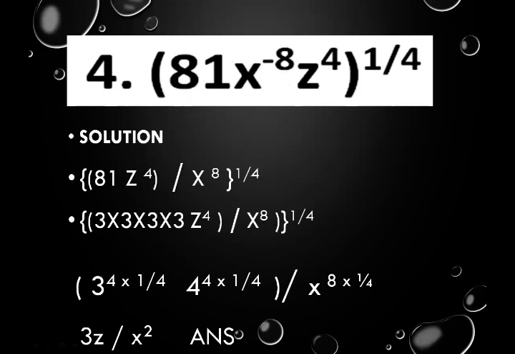What happened? 8 in the numerator, 4 in the denominator: 4 ones are 4, 4 twos are 8. So what exponent will remain on x? Good, this is 2. So finally in your numerator we have 3z, you can see the reduction of the exponent from the previous step, upon x to the power 2. So for question number 4, the answer is 3z upon x to the power 2.